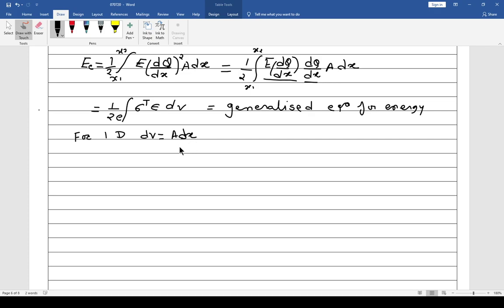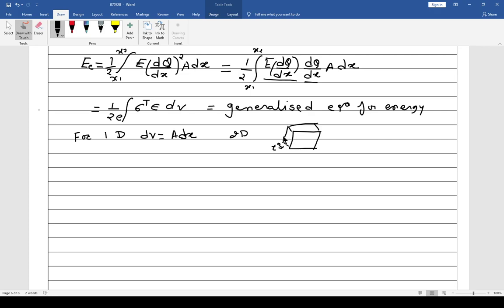And for a 2D problem, let us consider this is a plate. For a 2D problem, the cross sectional area is going to change, but the thickness is not going to change.